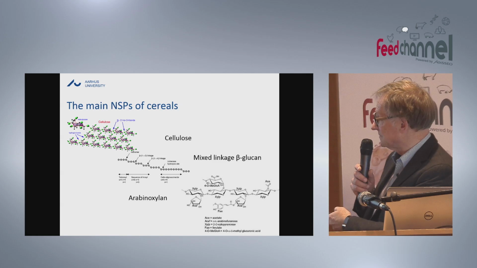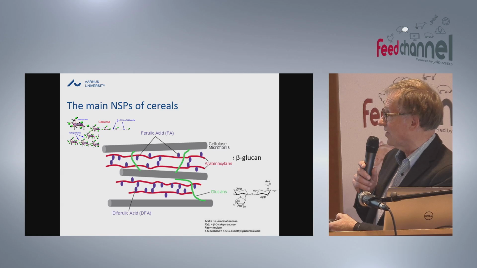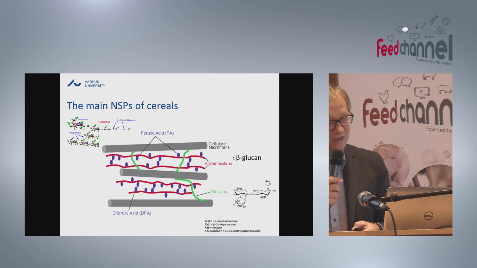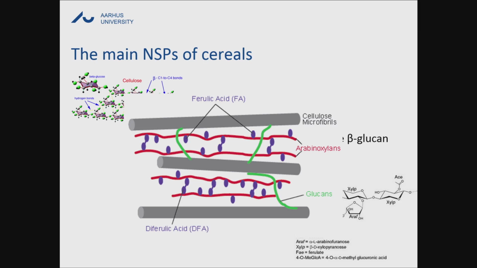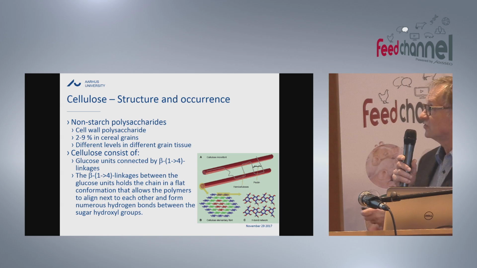In addition, with the arabinoxylans there are a number of cross-linkages between the different polysaccharides. I'll now briefly go through the individual structures.